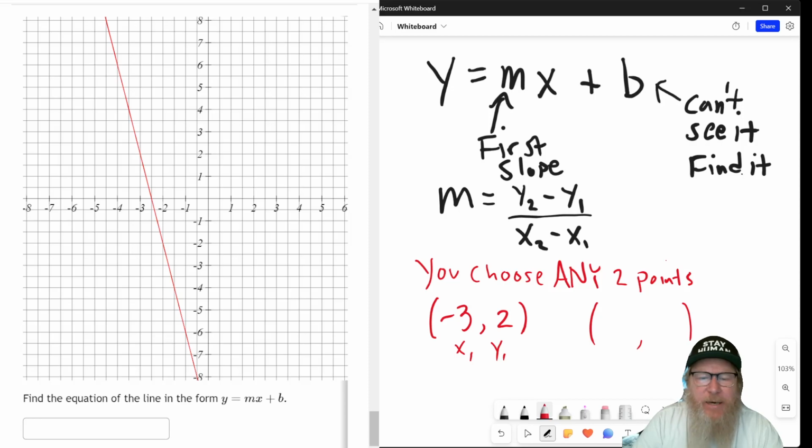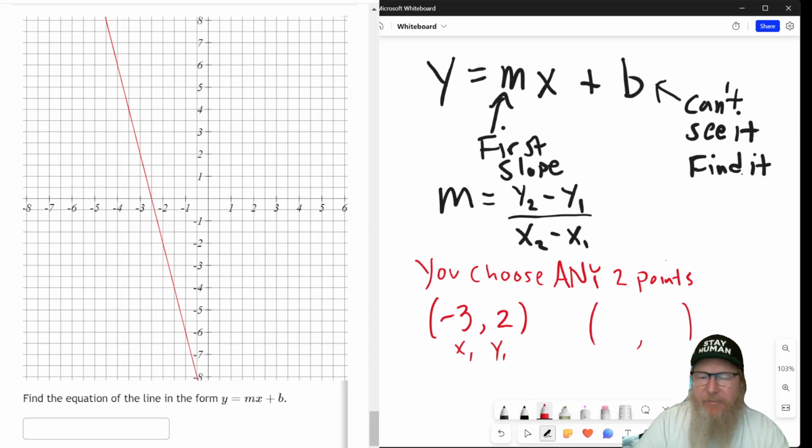So come back over here to the graph and choose another point. You probably could find one as I'm talking. Positives are okay. You could do down here, they'd both be negative, but try to find a good one that doesn't have any fractions. So how about right here? Negative 4 for x and 6 for y. That looks good to me.